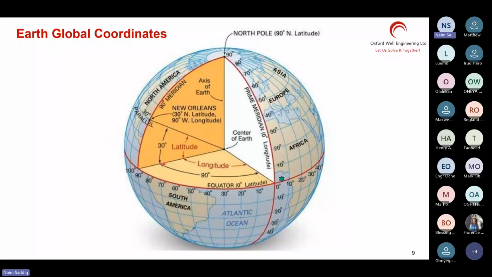So the latitude is an angle from the center of Earth up or down. If it is up, it's the northern direction. If it is the other way around, downstairs. So what you do is, at the location of your interest, for example, offshore Nigeria here, the green star, what will be my latitude?